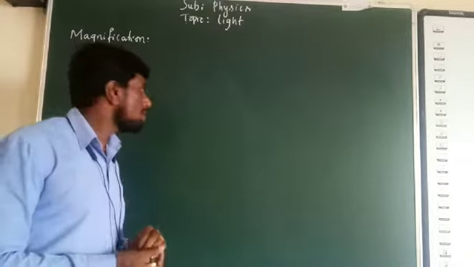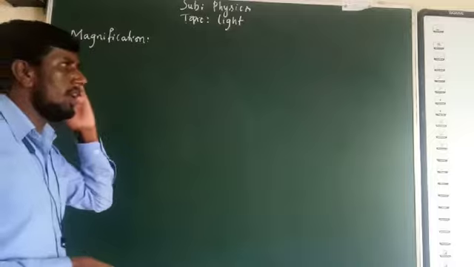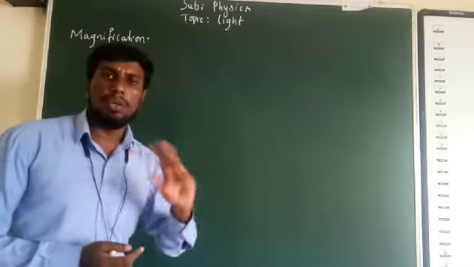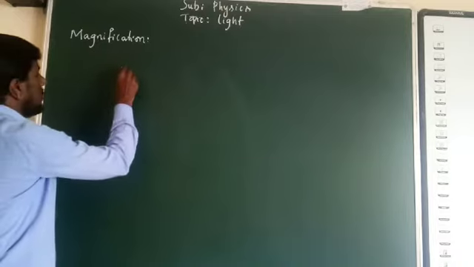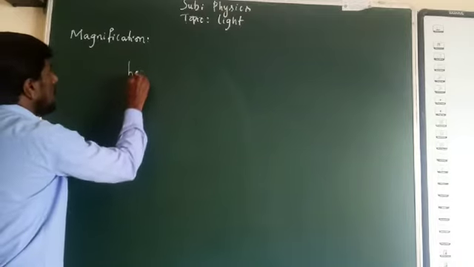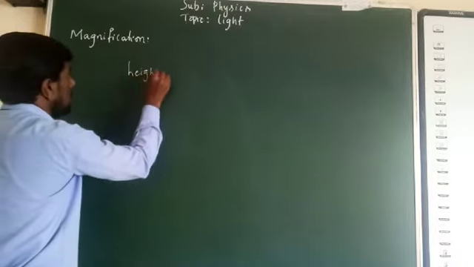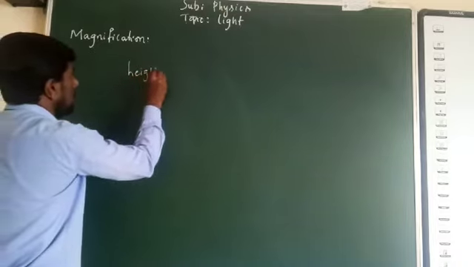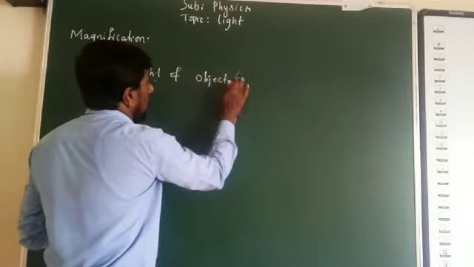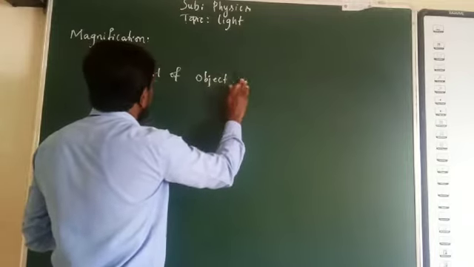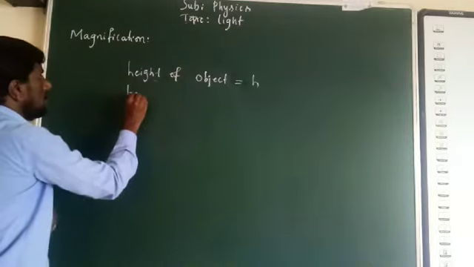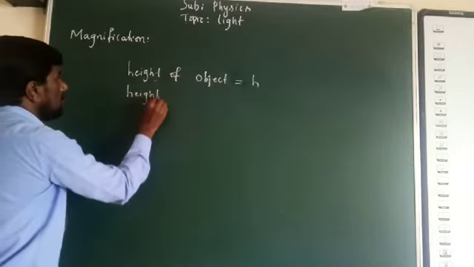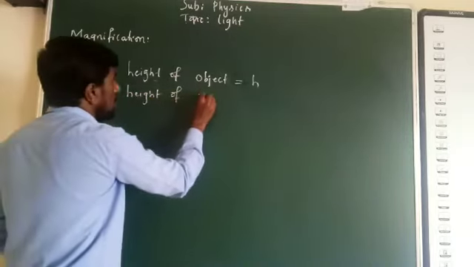So how do we define magnification? We can define magnification in two ways. Let us take the height of the object as h. If you are keeping the object, there will be a height of the image also.